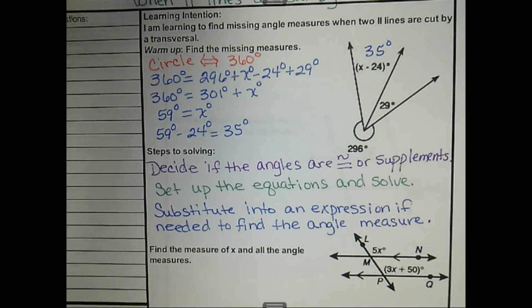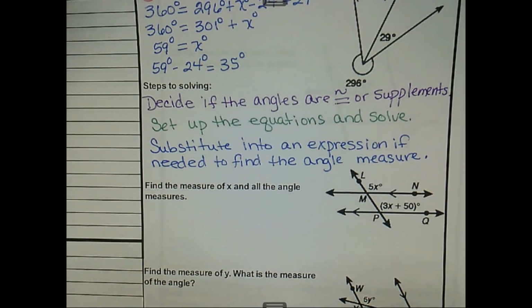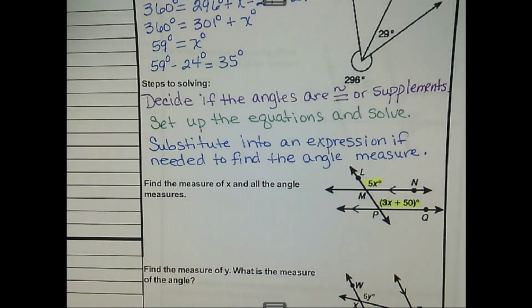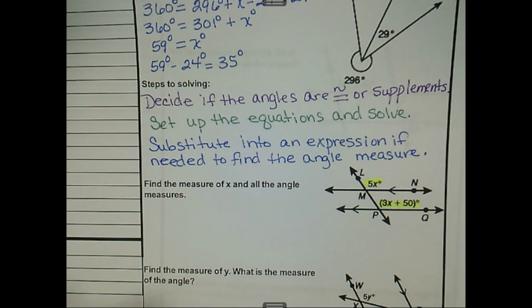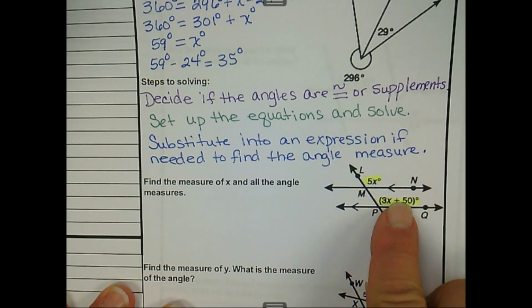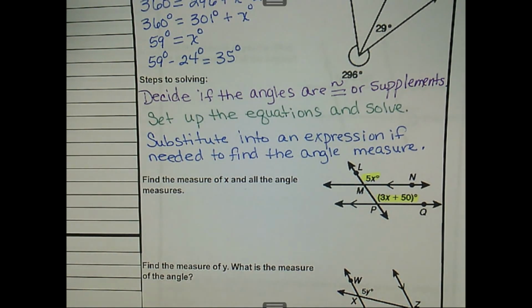So let's look at the first ones. First thing you have to do is to decide if the angles are congruent or supplementary. That means we are looking to see what types they are. When I go up and to the right here, I go up and to the right here. They're in the same position.